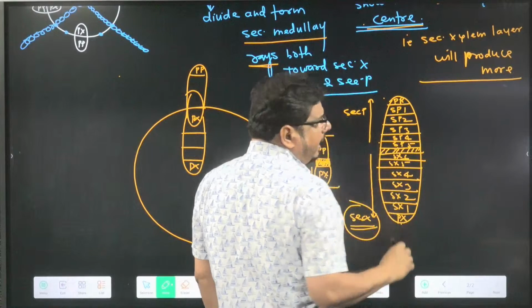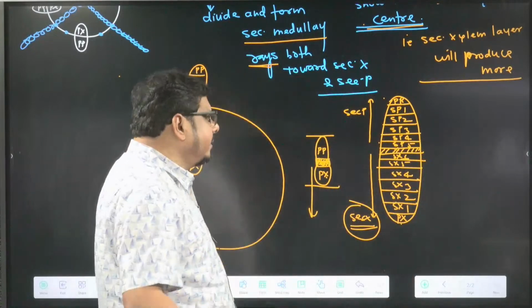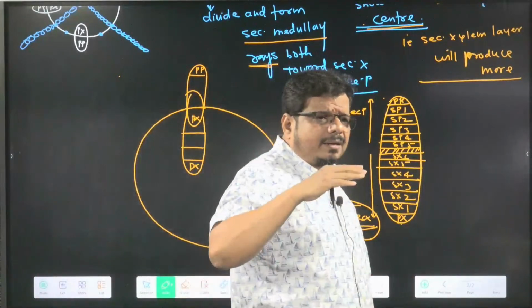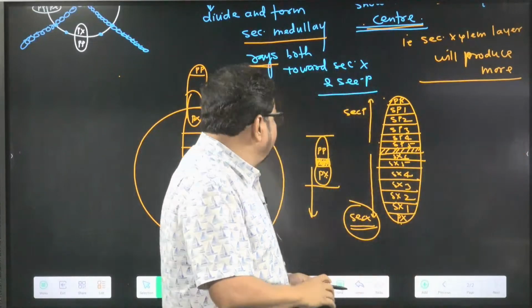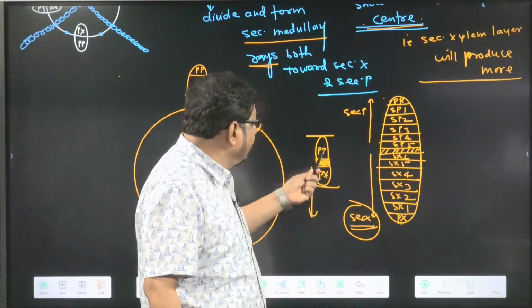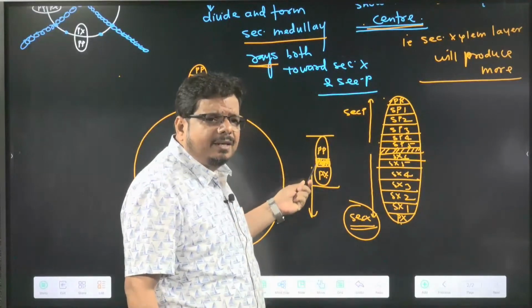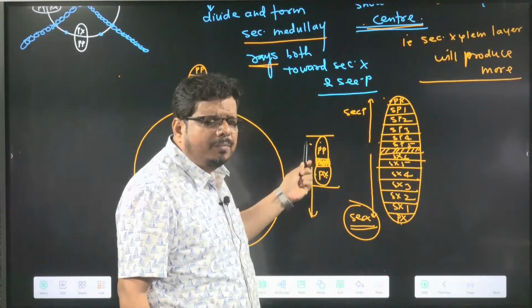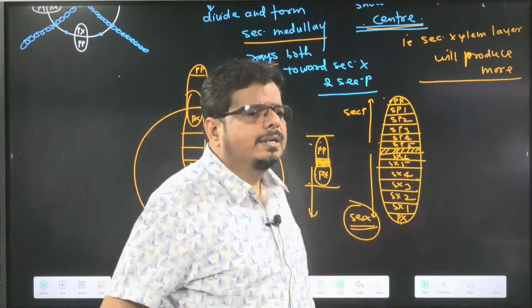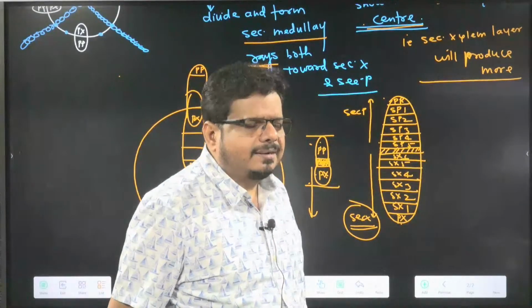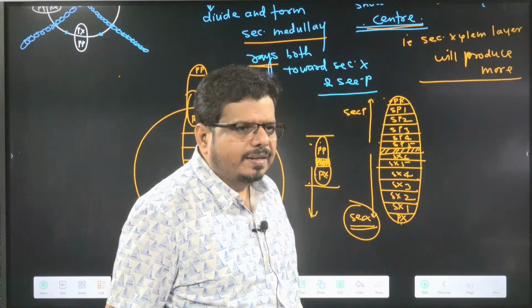Now either you understood or not, for that I am asking a question. When new layers form, the distance between primary xylem and primary phloem is increasing. As new layers of xylem and phloem form due to activity of the cambium, the distance between which increases? Primary xylem and secondary xylem. Agree or not?